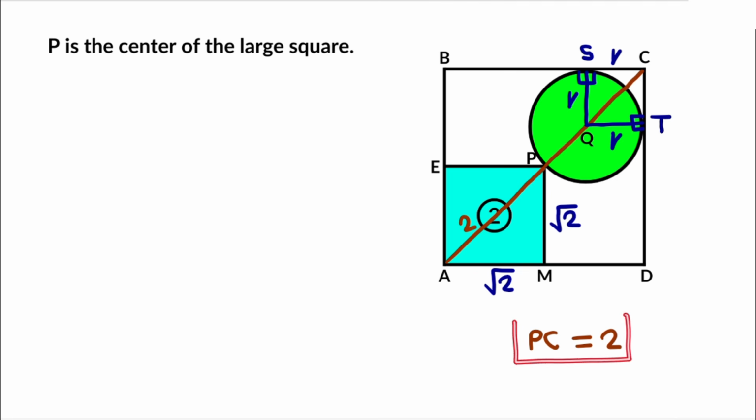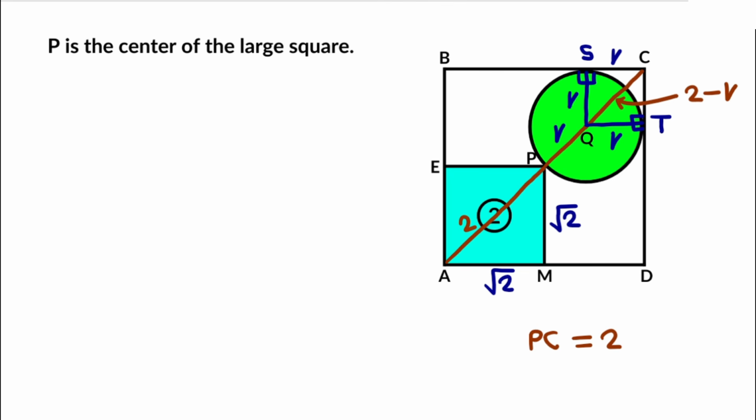We know that PC is 2, but Q lies somewhere between P and C. The distance PQ is a radius, so PQ equals r. Therefore, QC equals PC minus PQ. That's 2 minus r. Now we have everything we need.